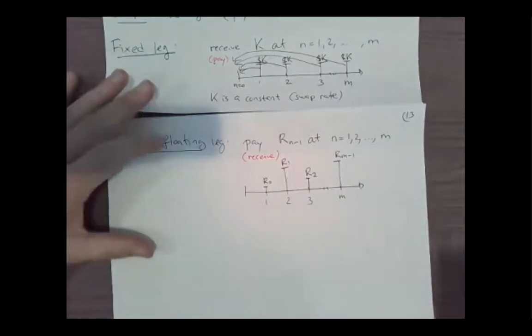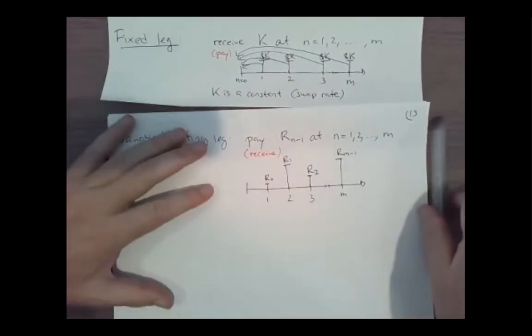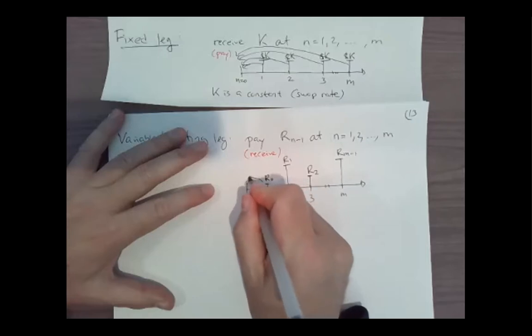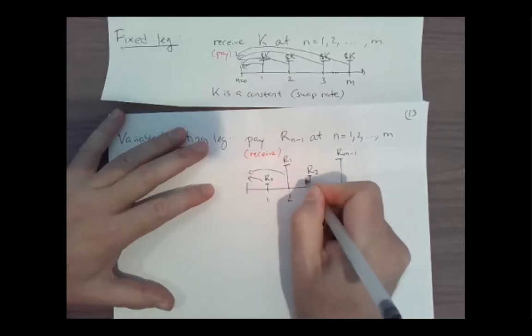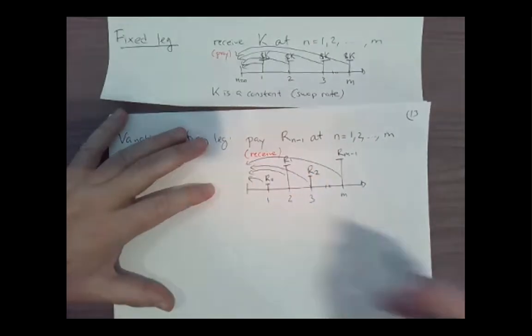And so if I want to know what the value of the floating leg is, I need to move these now random payments back in time, back to time 0.